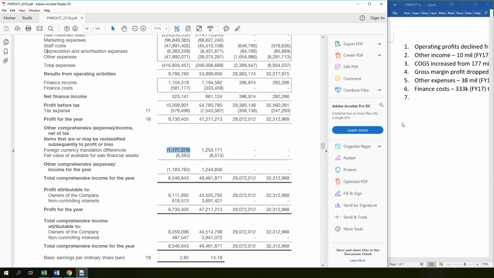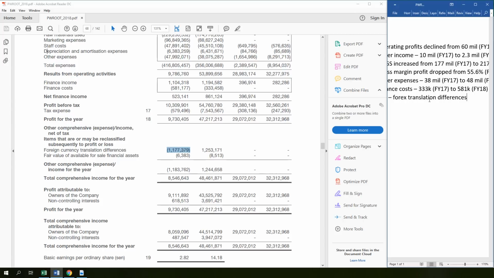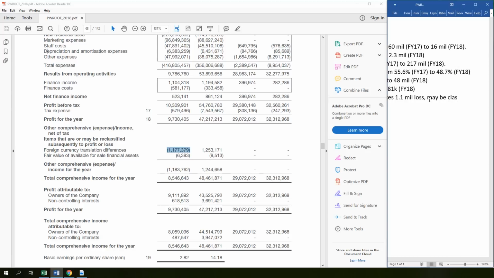Okay, we have to know what this is. In the OCI, forex translation differences, $1.1 million loss may be reclassified to P&L.